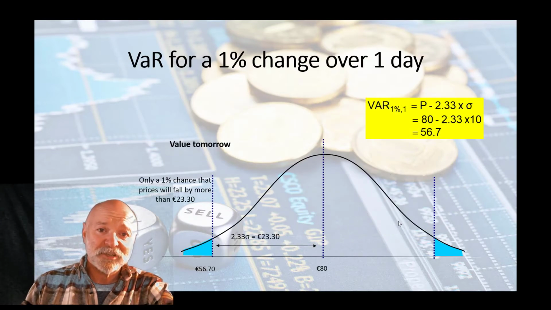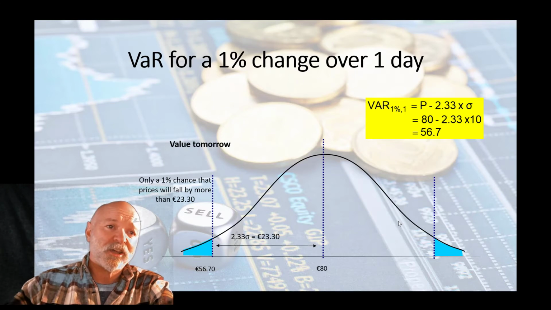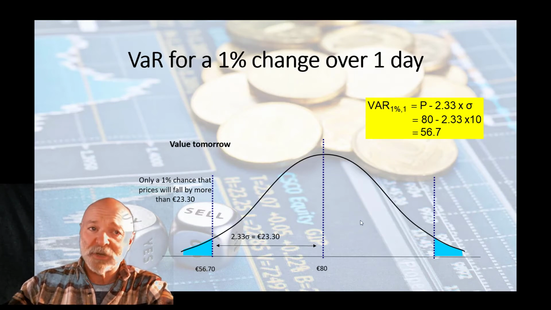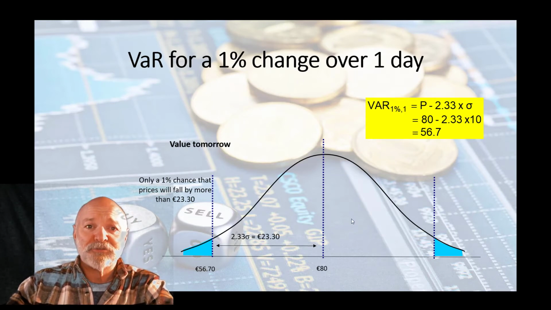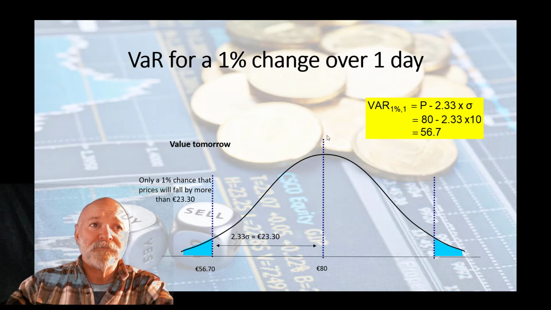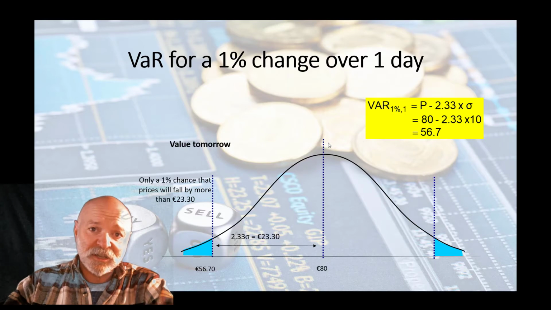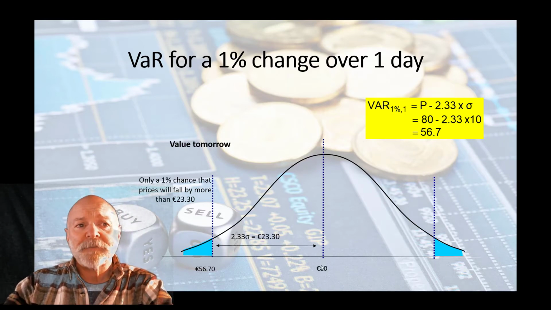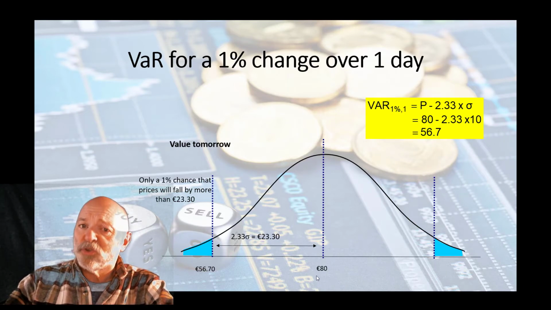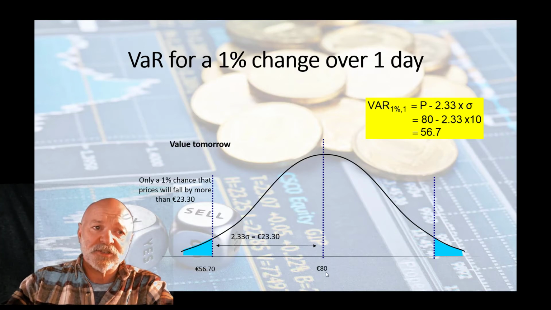If we think about a distribution, and here we're still looking at a normal distribution, but we can adjust in the model for non-normal distributions as well. If we expect that the value of our asset is going to be, as in this example from one of my books, we expect that normally the asset is worth €80 in this case.